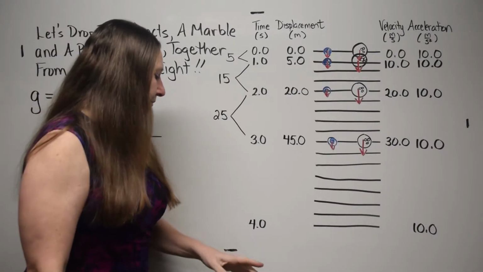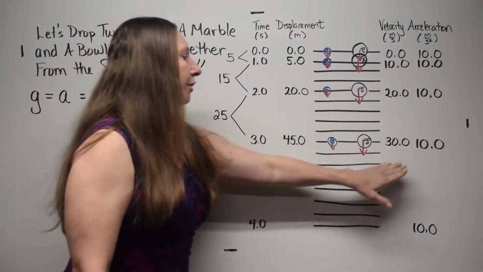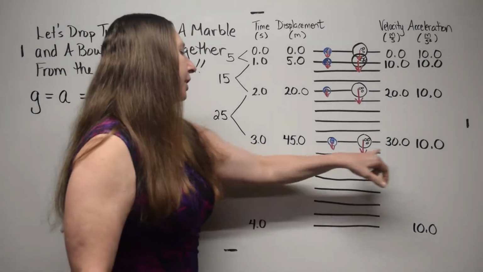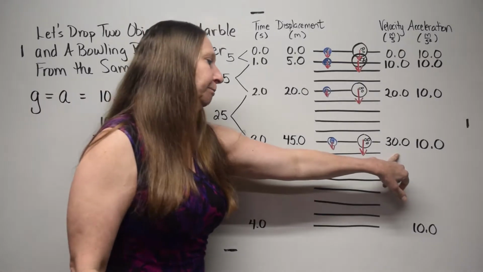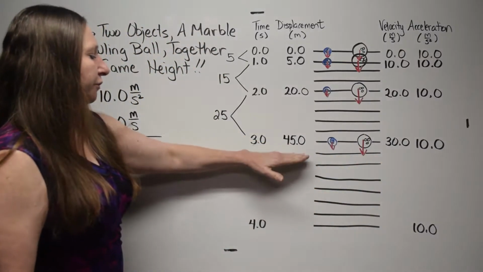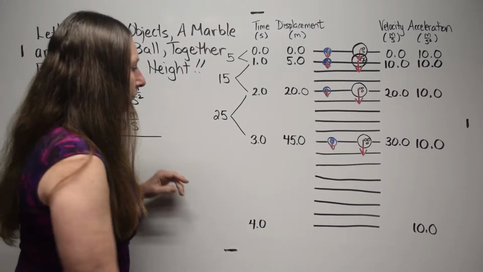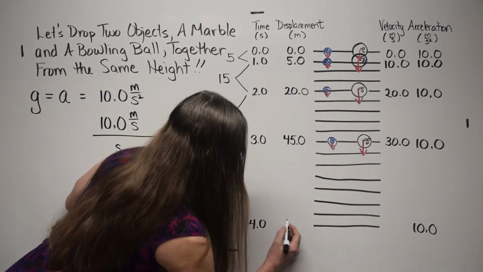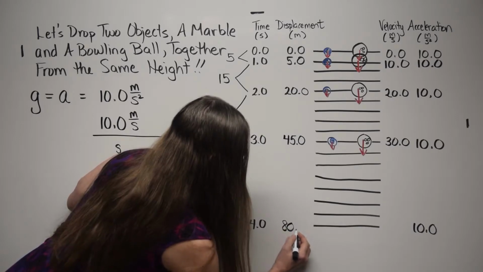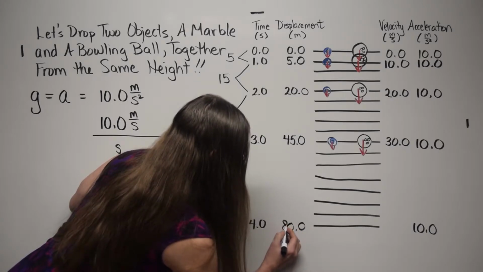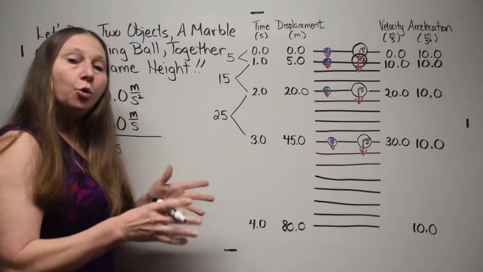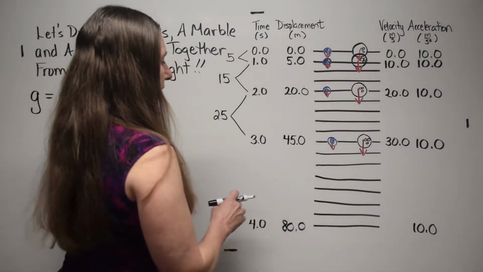Now you see, after 4 seconds, first of all, at the 3-second mark here, it's going much, much faster. So it's going to fall a much greater distance in 1 second. All right, it's going to fall from 45 down to 80 in 1 second. Now, I happen to know these numbers, and I will show you how to calculate them.